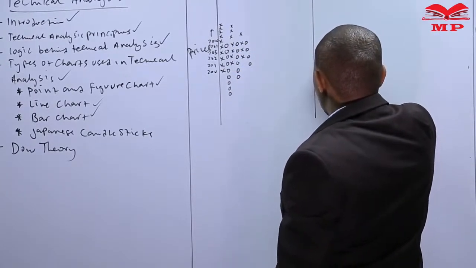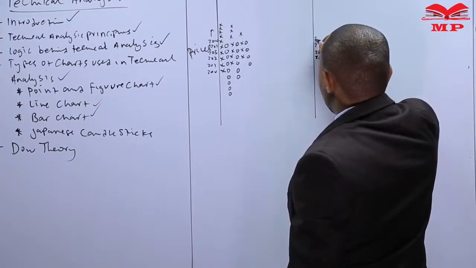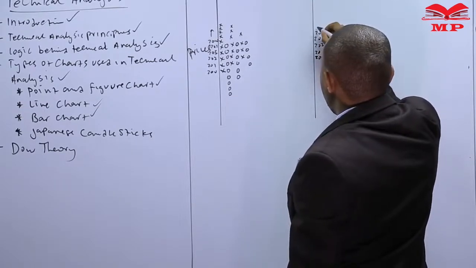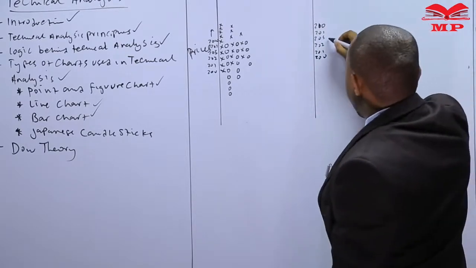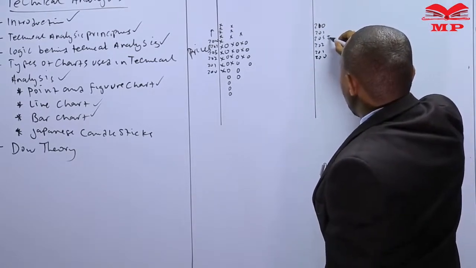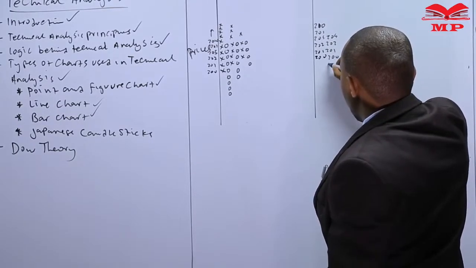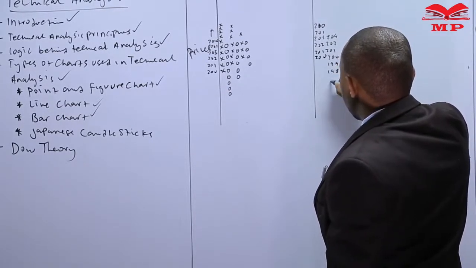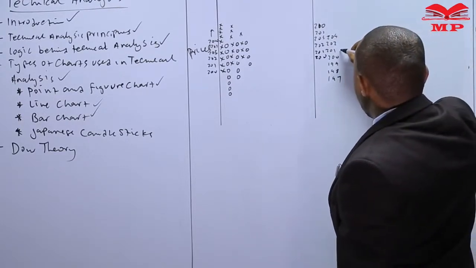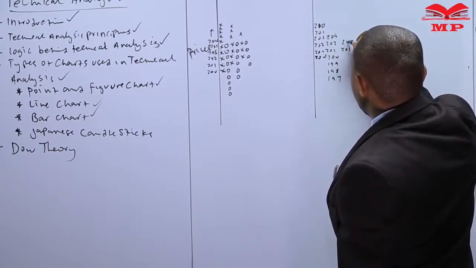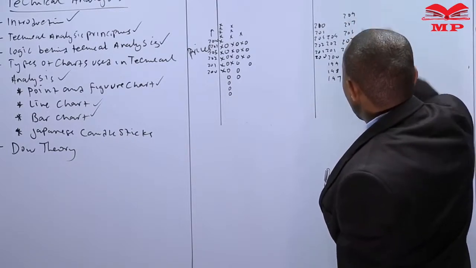So we have 200, 201, 202, 205, 207, 210, and so on. Then you find over here a reduction, 205, 202, 201, 200, 199, 198, 197, and so forth. Then we have 201, 202, 205, 207, 209, and so on.